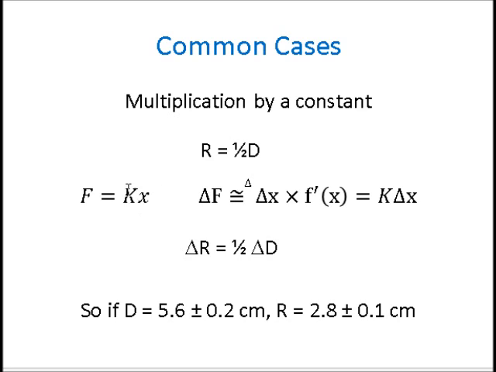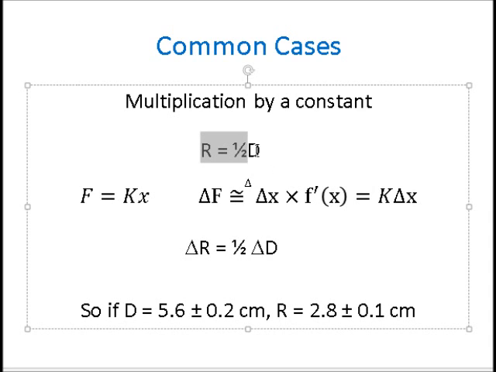Well, the derivative of this function is just k. So delta f equals k delta x. Or for how this is written, delta r equals the constant 1/2 times the uncertainty delta d. So if we look at d equals 5.6 plus or minus 0.2, then r is half this, and so is the uncertainty.